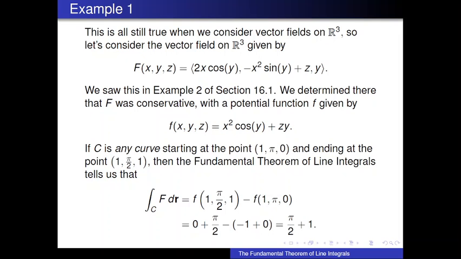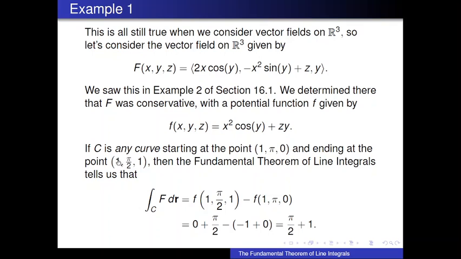So if C is any curve that starts at this point that I picked here, 1, pi, 0, and ends at this other point that I picked out of thin air, 1, pi over 2, 1, then the fundamental theorem of line integrals tells us that the line integral of big F along C is just as easy as evaluating little f at these two endpoints and taking the difference. And so what do we get there?